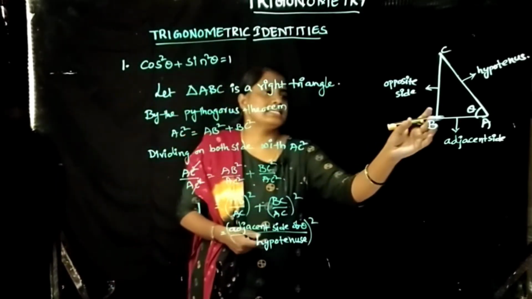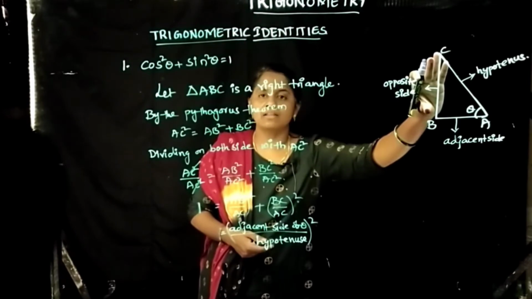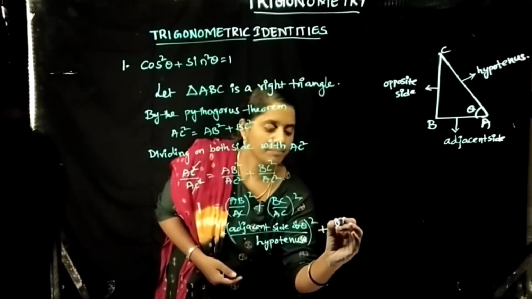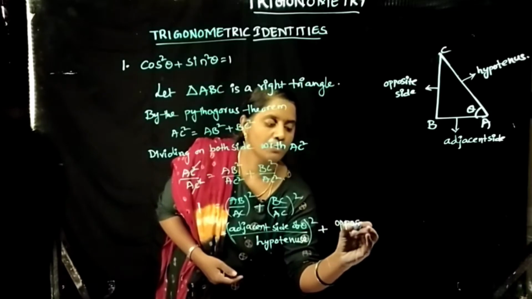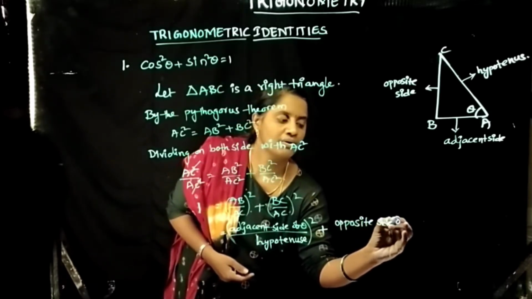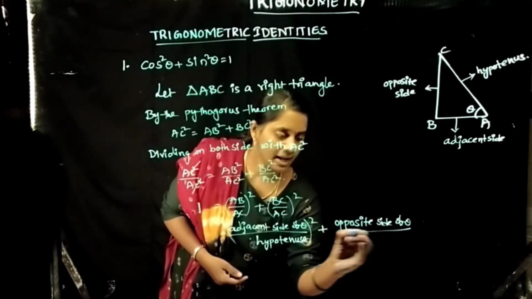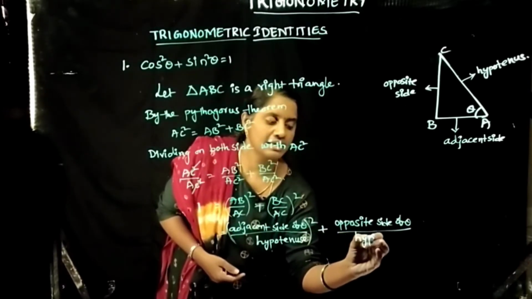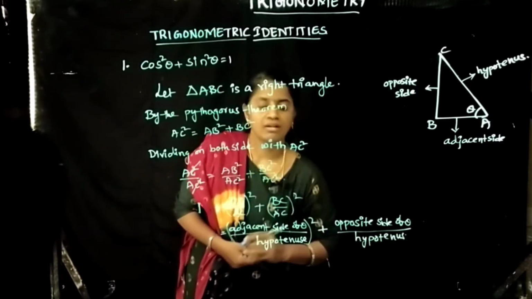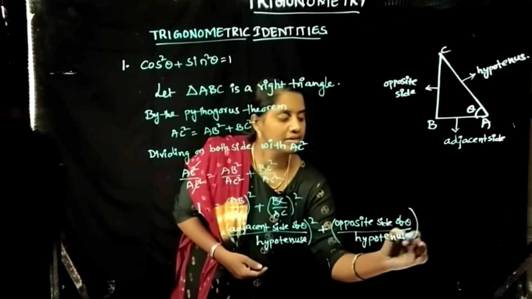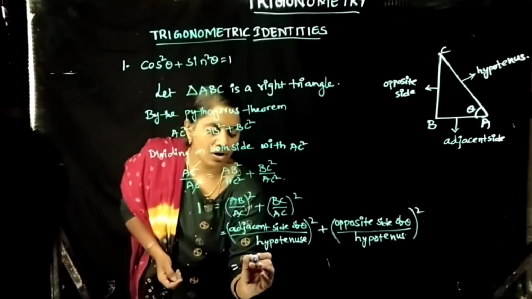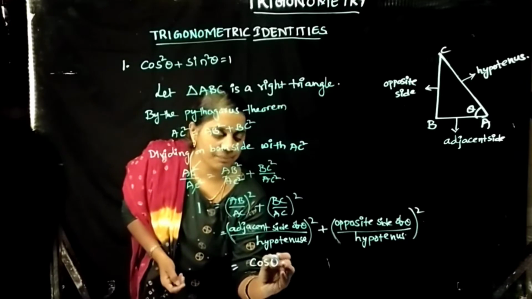Next, BC. What is the BC here? Opposite side of angle theta, opposite side of theta by hypotenuse. It is also whole square. Adjacent side by hypotenuse is the definition of cos theta.